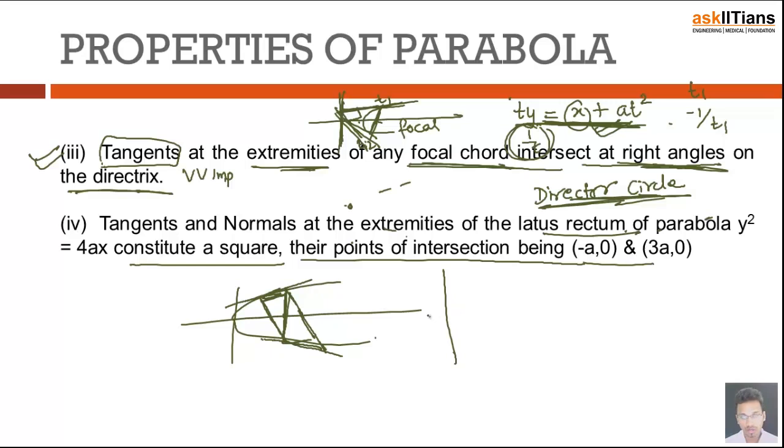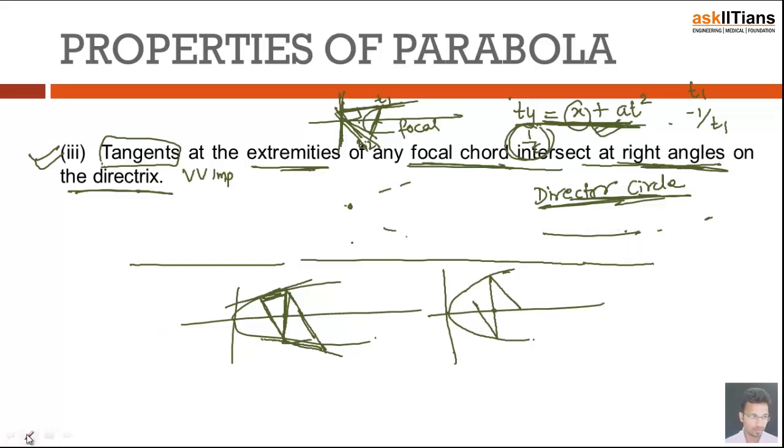I'll try to draw it in a more proper way. So if this is the focus, this is one normal and this is another normal. This is a point here and this is a point here, and this is the normal.